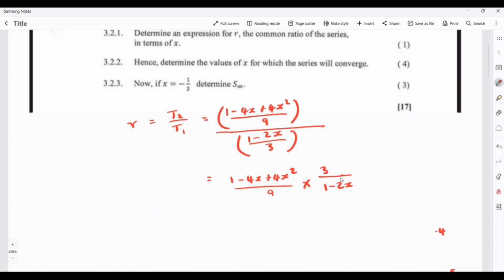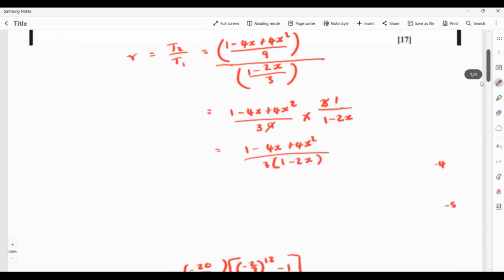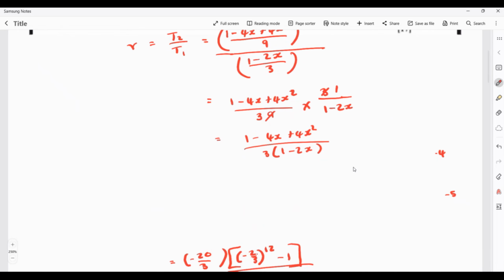When you're doing your multiplication over here, you will find that this one and this one cancel each other, and you will be left with 1 and 3. So when you further work this out, you will have 1 minus 4x plus 4x squared, and the denominator will be 3 into 1 minus 2x in brackets. But you're not finished. Someone can leave it over there, but for me it's not done.